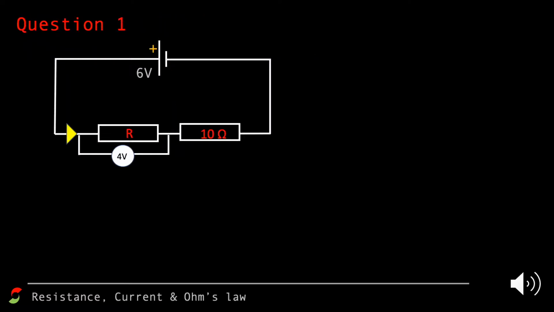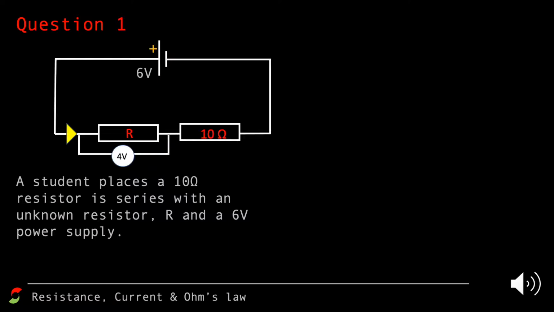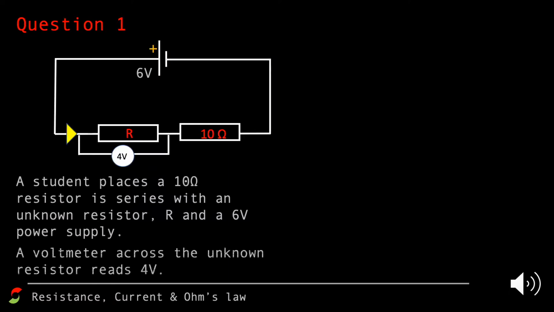Okay, so let's start with a very typical exam question involving current, resistance, potential difference, and Ohm's law in general. So it usually starts off with having some sort of circuit, and here we've got a bit of a description of what's happening to that.